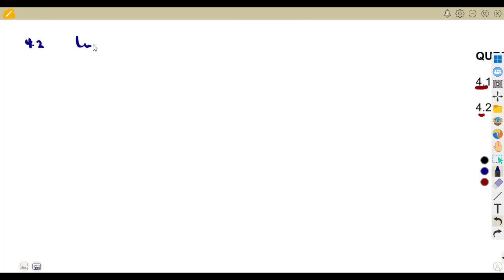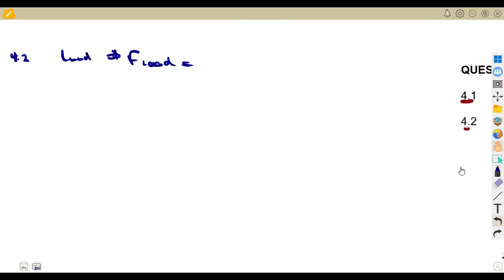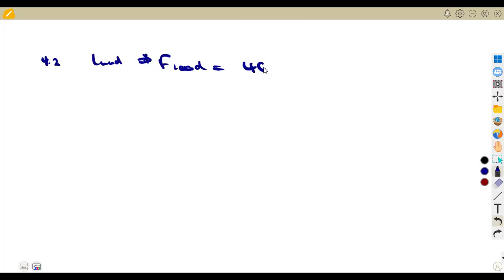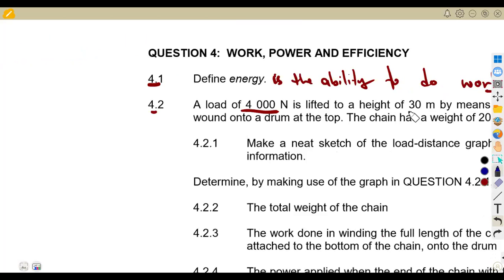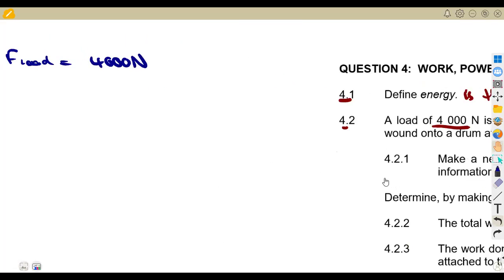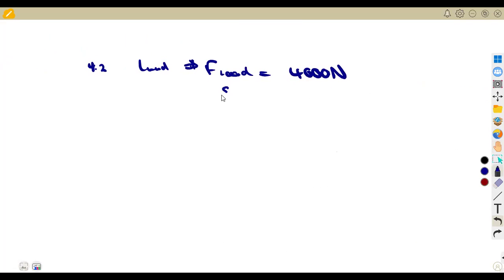So the force of this load is 4,000 Newton. It is lifted to a height of 30 meters. So this is the distance, 30 meters.